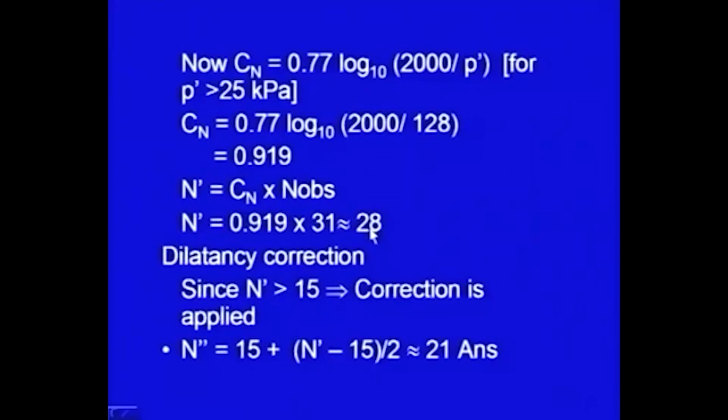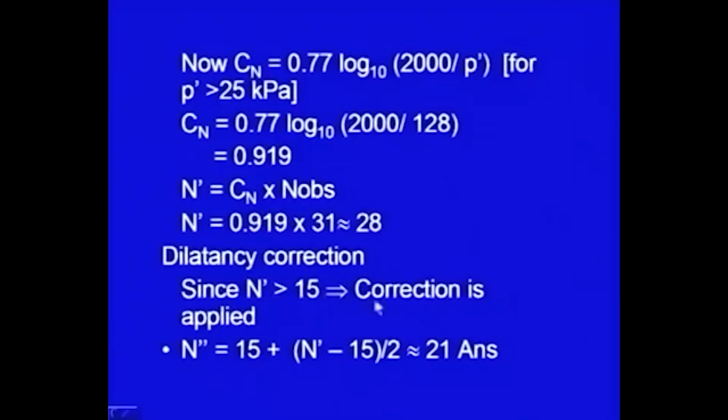Let us now apply the second correction, the dilatancy correction. You remember those three conditions: it should have N' more than 15, it should be saturated, and it should be fine sand or silt. Because it is fine sand, it will have low permeability, and N' is more than 15.